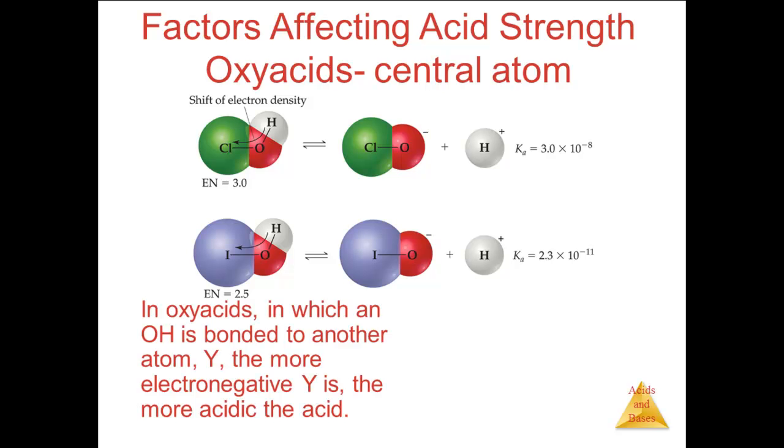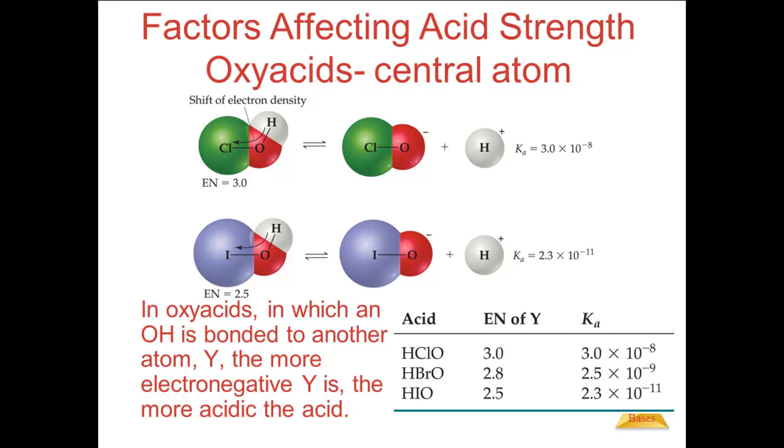The more electronegative the central atom is, the more the electrons are pulled away from the OH bond, and the weaker the bond becomes. Here is a table which shows the electronegativity of the central atom and the values of Ka for HOCl, HOBr, and HOI. You can see that the higher the electronegativity, the stronger the acid.